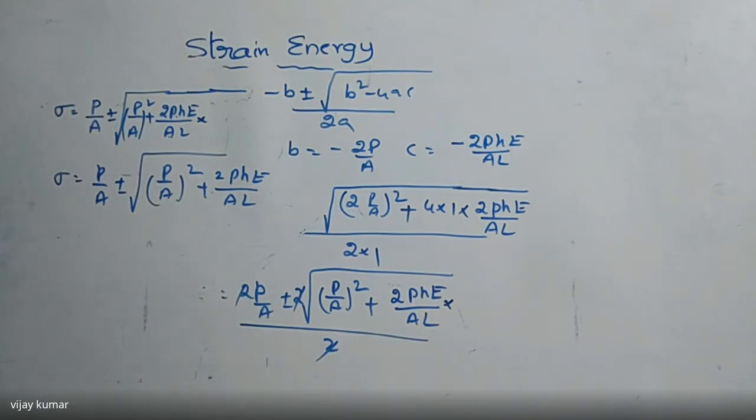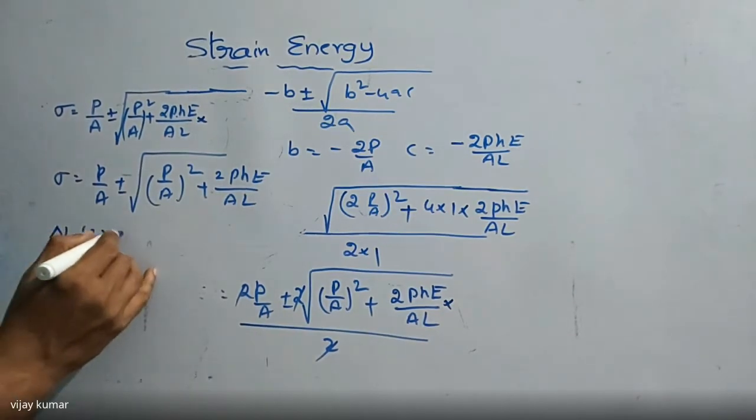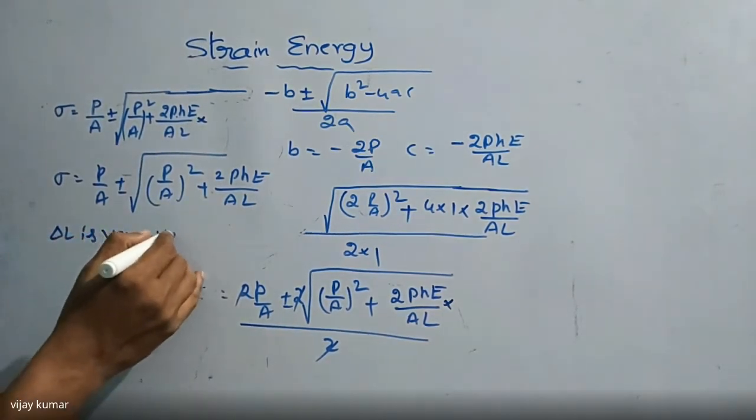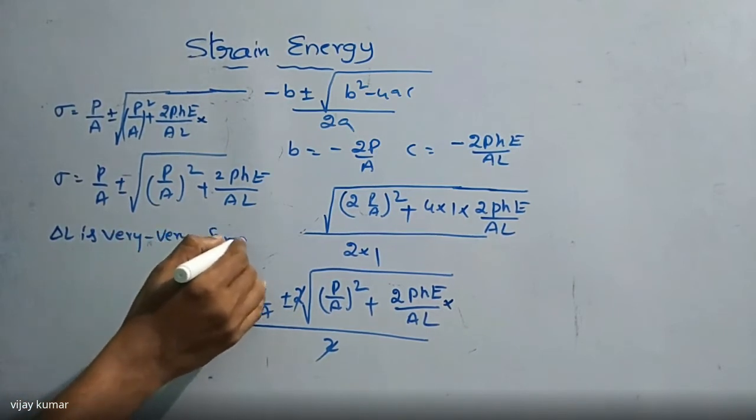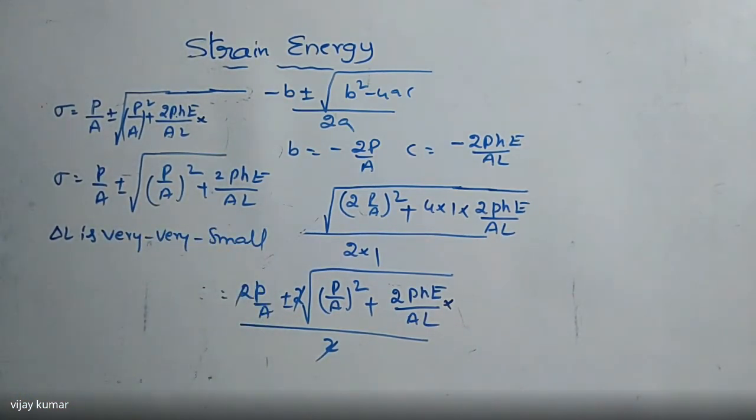So when delta L is very, very small, then what happens here?